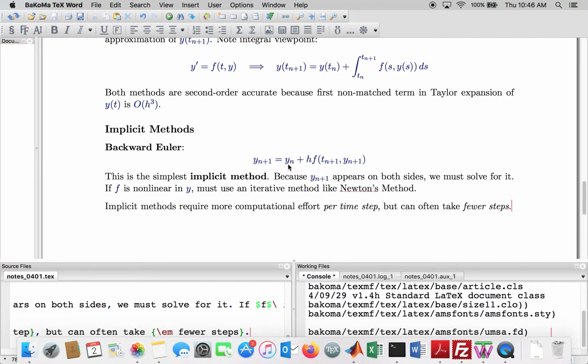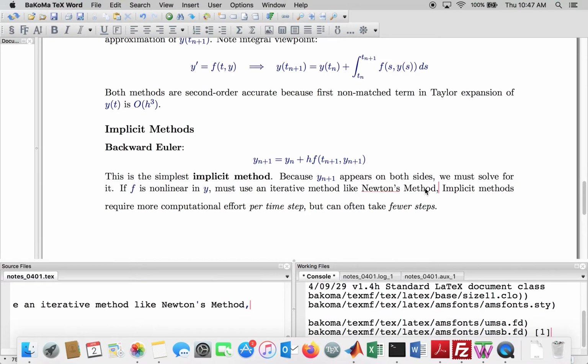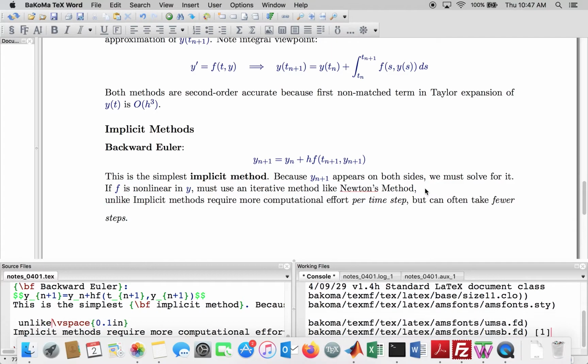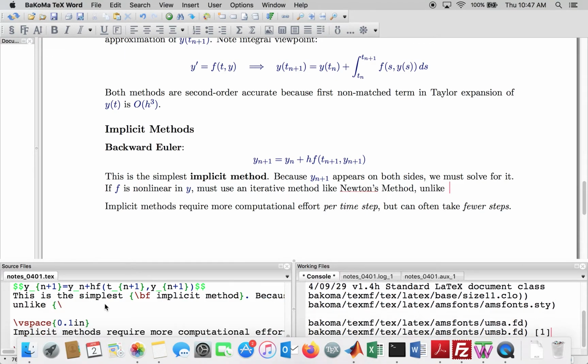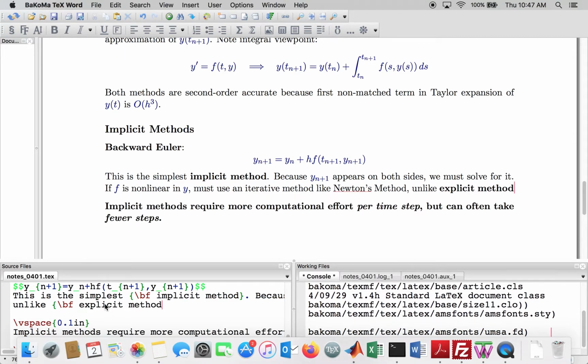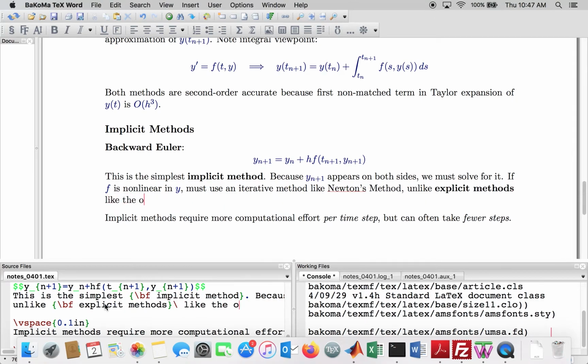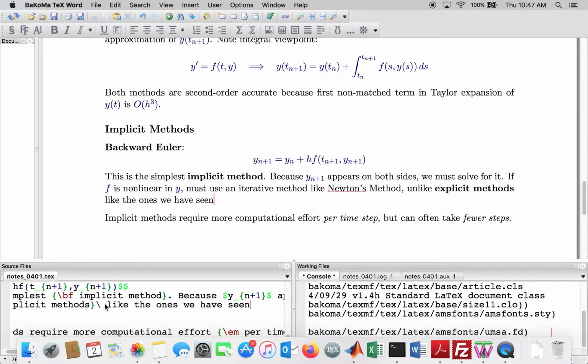So any method where you have yn plus 1 on both sides, where you can't just plug and chug to get yn plus 1, is an example of an implicit method. Unlike explicit methods, all the methods I've shown you so far are explicit methods.